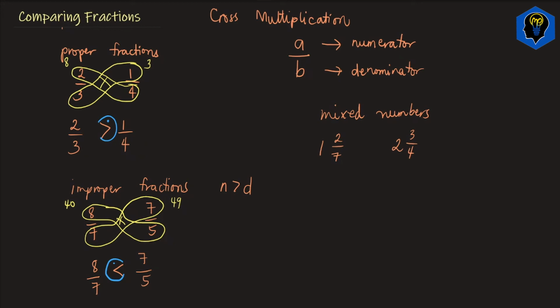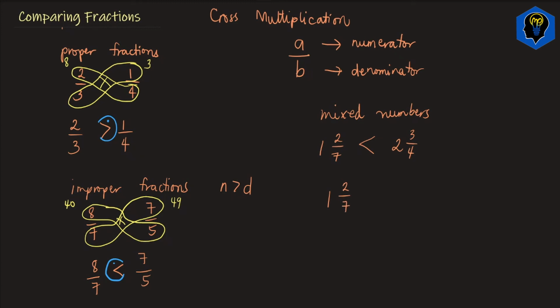So, sa mixed numbers, medyo common sense lang, 'di ba? Since may kasama siyang whole number, una nyo i-compare yung whole number. So, dito, dahil alam nyong mas malaki ang 2 kesa sa 1, automatic, doon na haharap or bubuka yung bibig ni Pacman. Okay? So, mas malaki yung 2 and 3/4 kesa sa 1 and 2 over 7 kasi syempre yung whole number mas malaki.